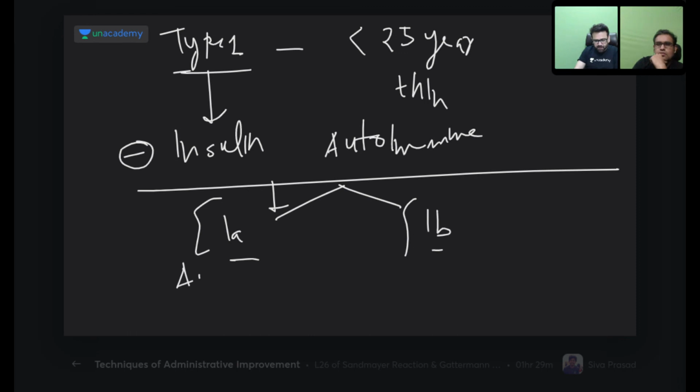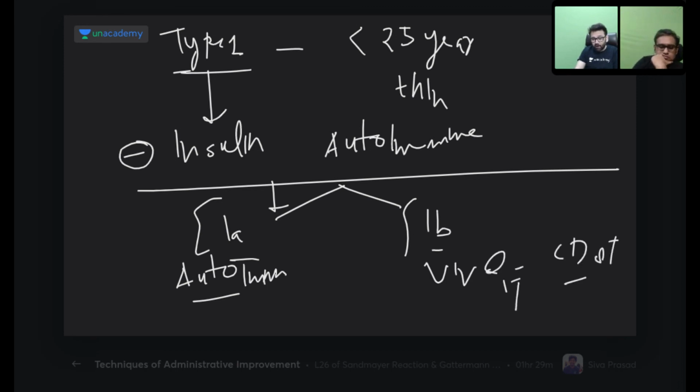And sometimes viral infection can generate CD8 T lymphocytes and they can kill your beta cells, and those are not autoimmune. These are virus mediated, so they have given a separate entity called type 1B. This was asked in one of the PGI Chandigarh questions. Time is less, I will take some other class also. So just remember type 1B is like that.